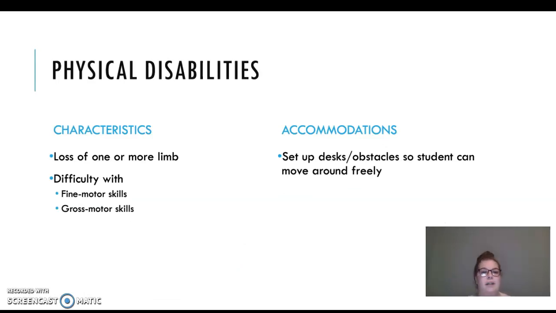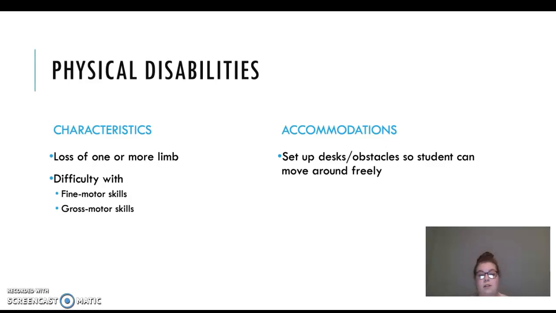Physical disabilities. Students with physical disabilities may have difficulty with fine motor skills and gross motor skills, and they may have lost one or more limb.